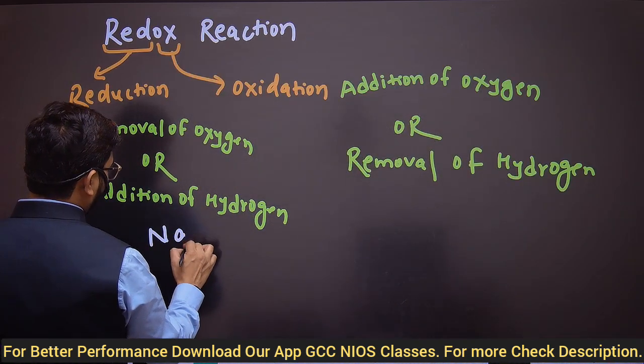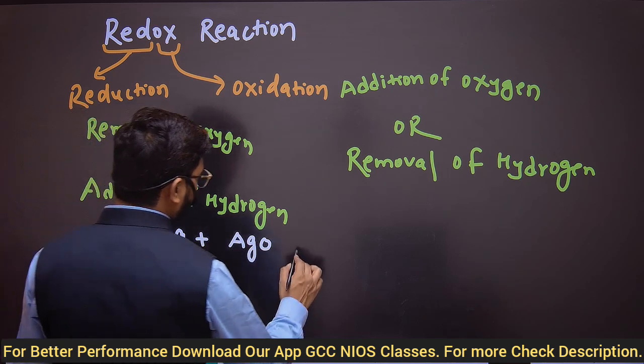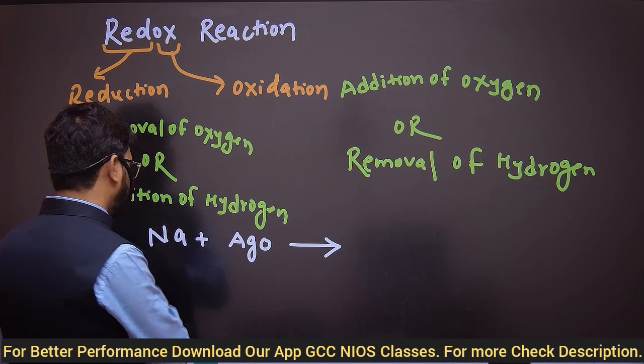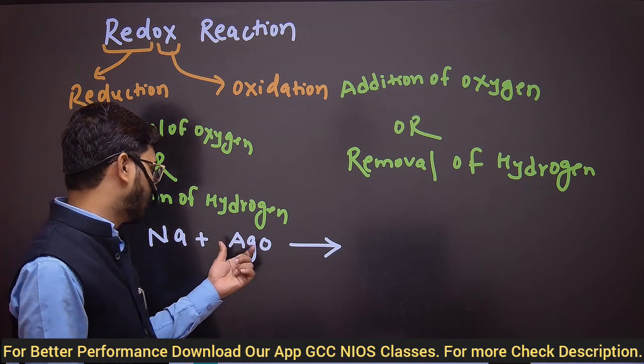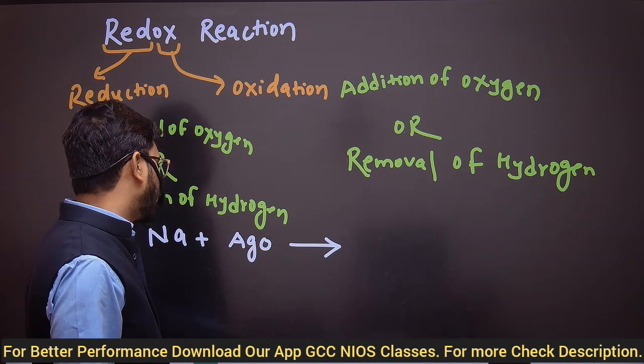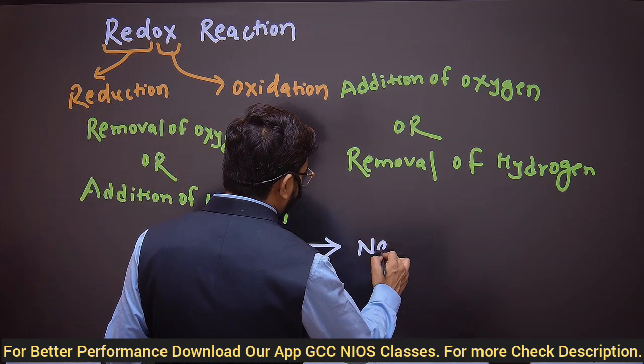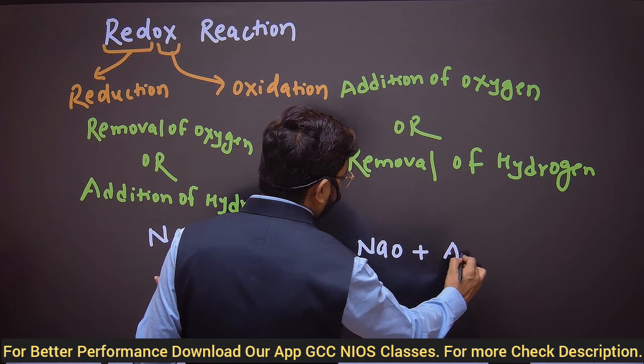So sodium plus silver oxide, not chloride, oxide. Here, because the reactivity of sodium is higher than the reactivity of silver, sodium will replace the oxygen, this oxide, from silver. So this will make Na2O plus Ag.